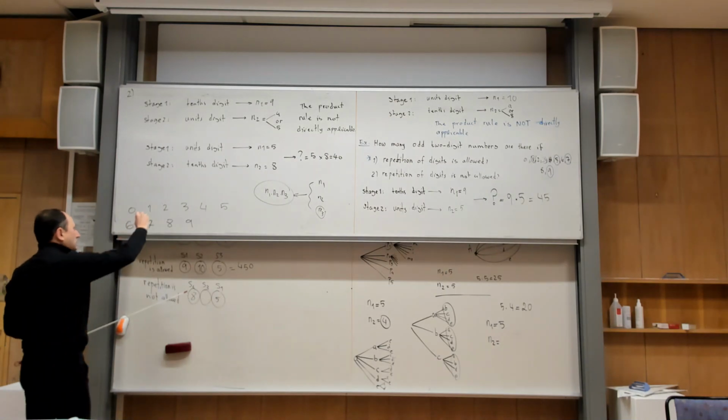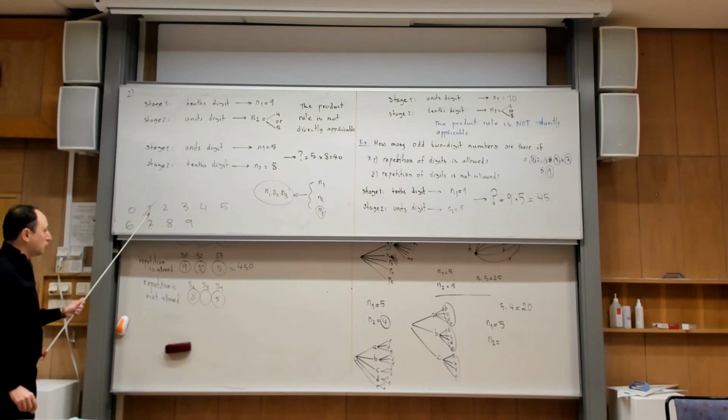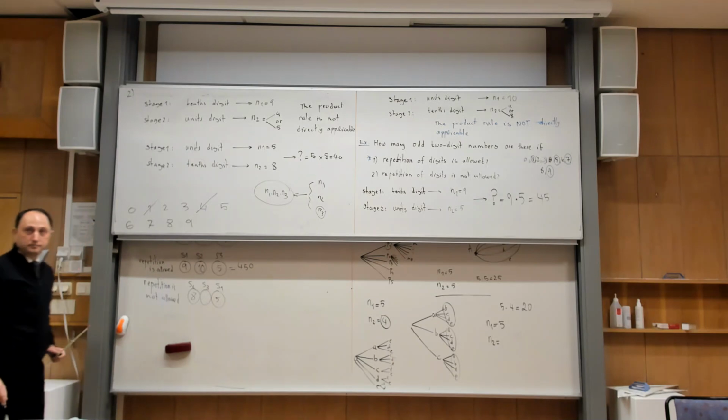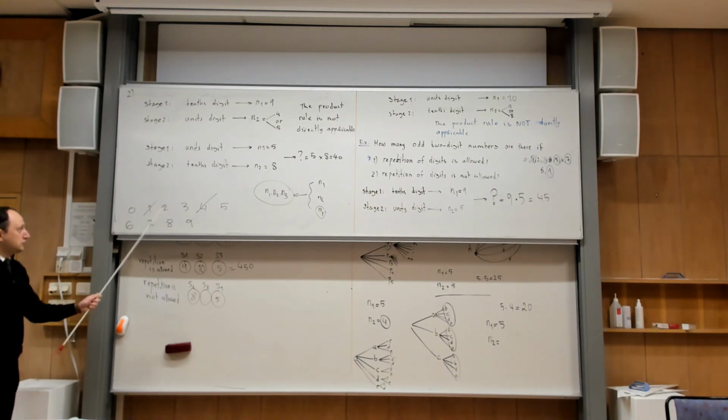For example, let us assume that I have used 1 here. I am not allowed to use it anymore. And then, in stage number 2, I have used one of these digits left except 0. For example, let me choose 4 in this case. 4 is gone. How many options are available here? 1, 2, 3, 4, 5, 6, 7, 8.